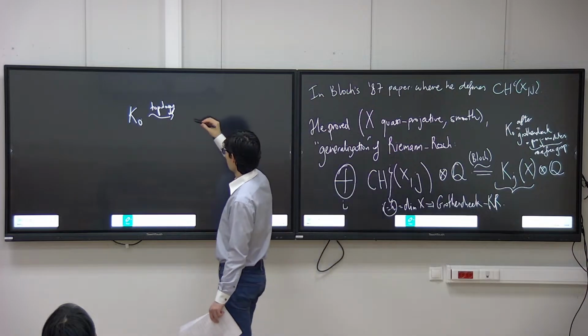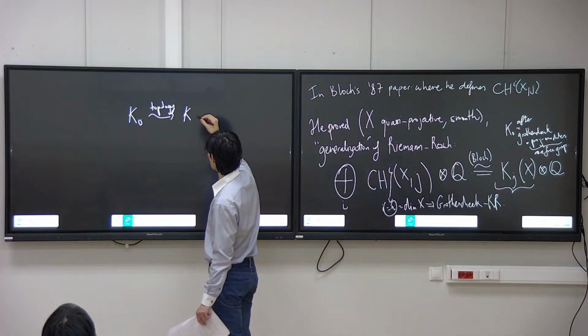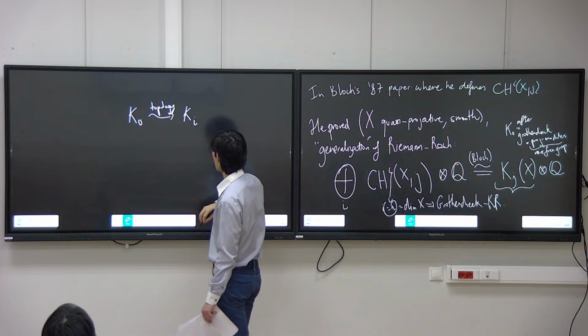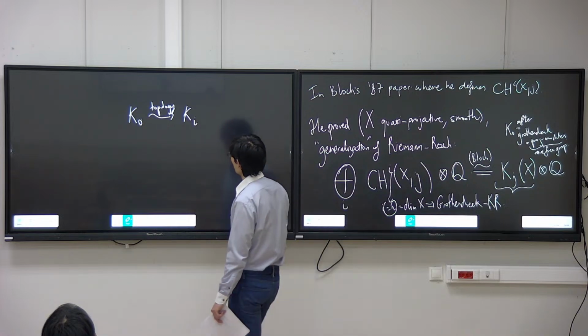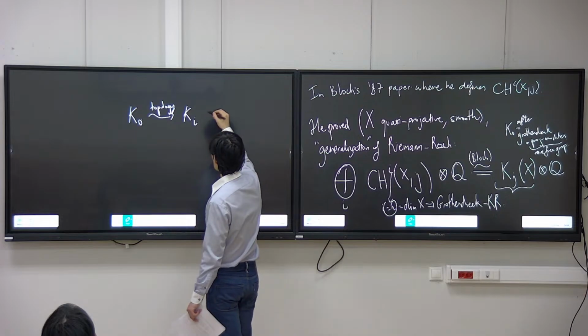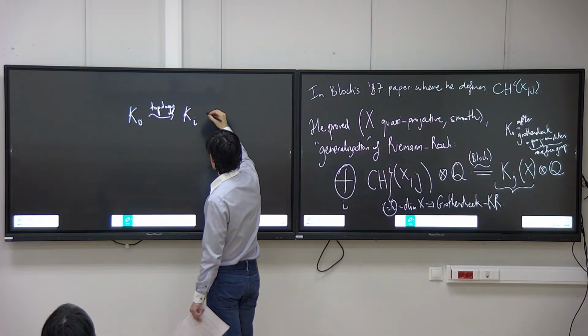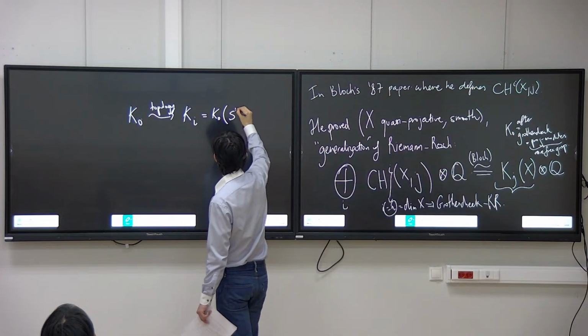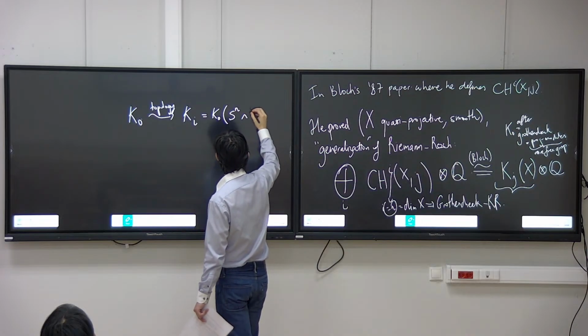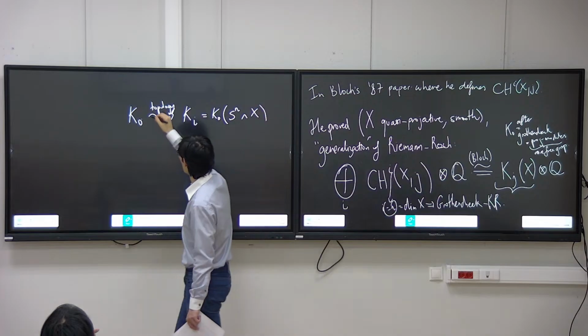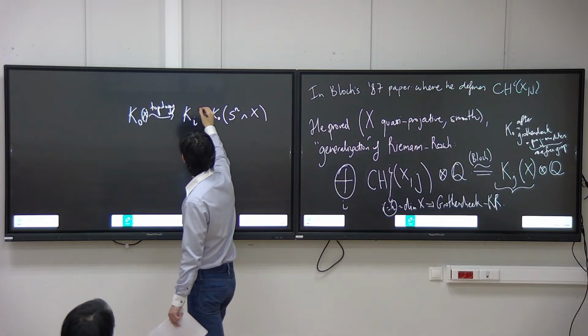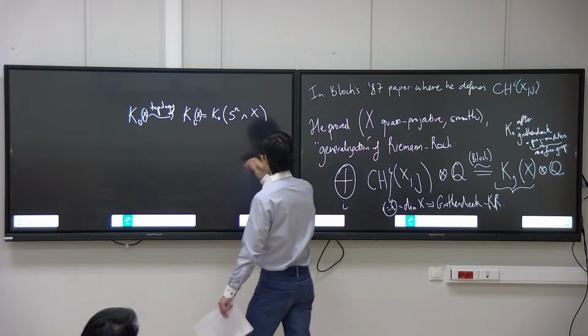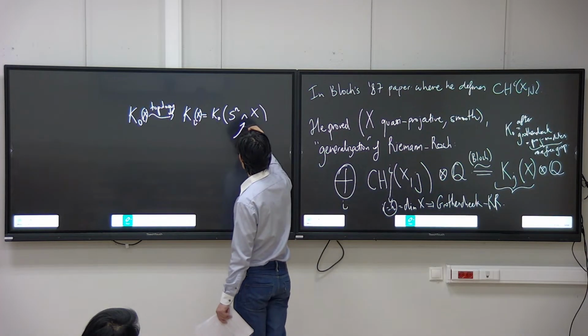So they extended the definition to higher i. But the trick here was to use maybe the sphere spectrum wedged with maybe X, where this is K naught X, something like this. So you have access to, say, the suspension functor.